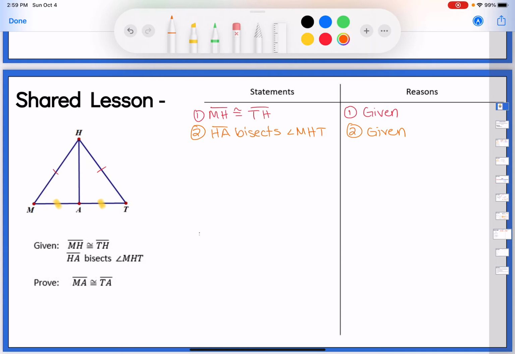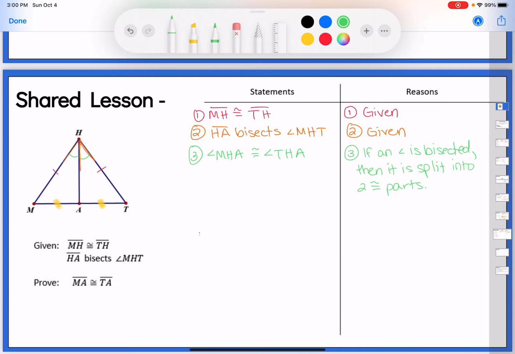Right now, I'm only given that this segment bisects this angle. So I better include a third step, I should say, where these two angles are congruent. So angle MHA is congruent to angle THA. And the reason, if an angle is bisected, then it is split into two congruent parts.